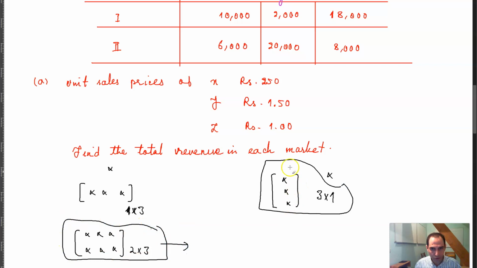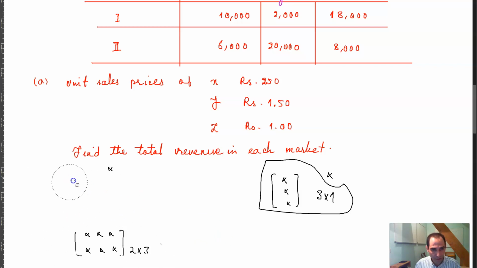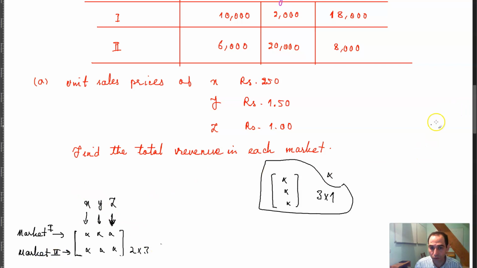In this matrix, these are the unit prices for these 3 products, and this matrix simply becomes basically along this would be product X, this would be product Y, and this would be product Z, and this would be market 1, and this would be market 2, right? That way you can write down your matrices.